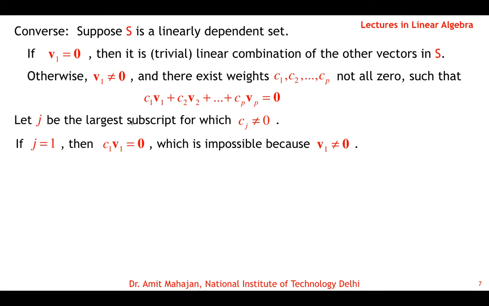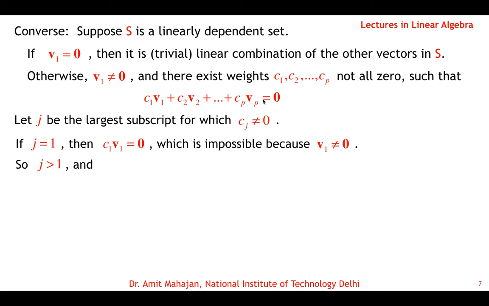So c1 is the only non-zero weight. This is not possible because v1 is non-zero, and if v1 is non-zero and c1 is non-zero, then c1 v1 equal to 0 is not possible. So this means that j has to be strictly greater than 1.